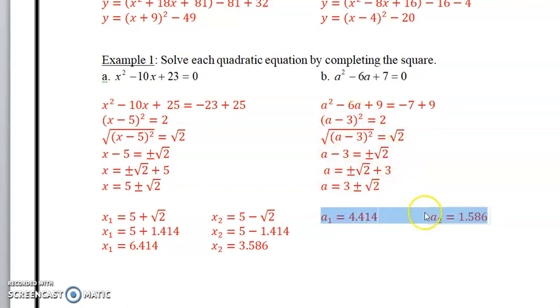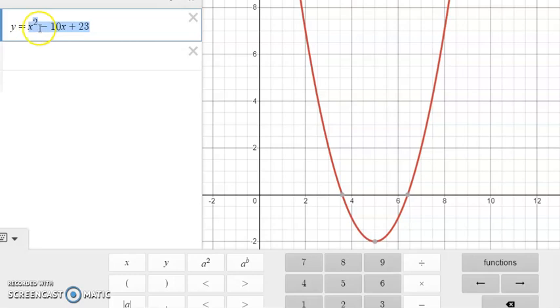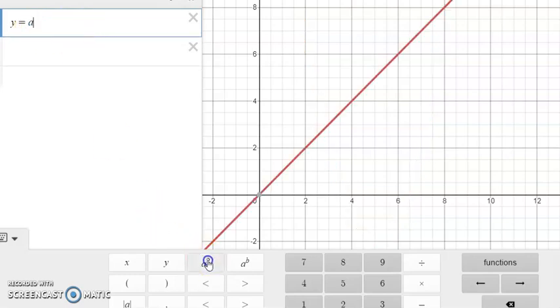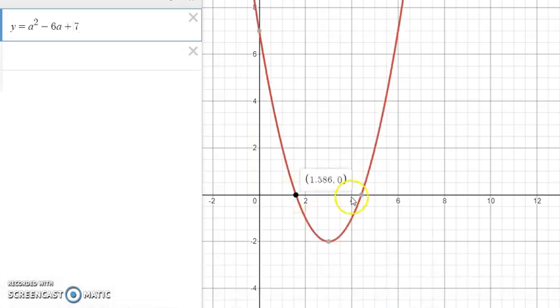Just another example, and you can check those as well if you want to go to your Desmos program for a minute. Put in your question. Again, you can literally put it as a, it doesn't matter: a squared minus 6a plus 7, and you'll have the same two solutions, right? You don't set it equal to 0.